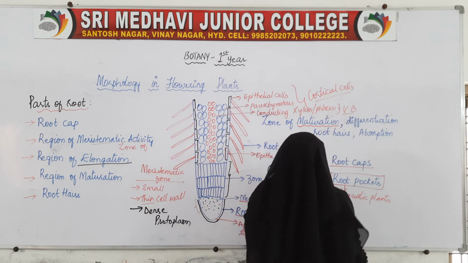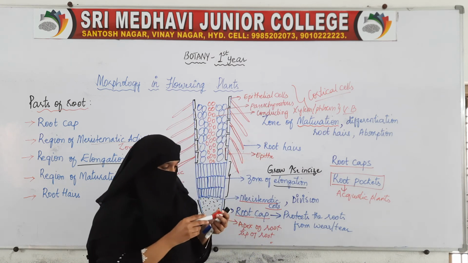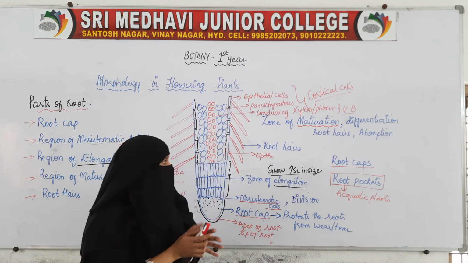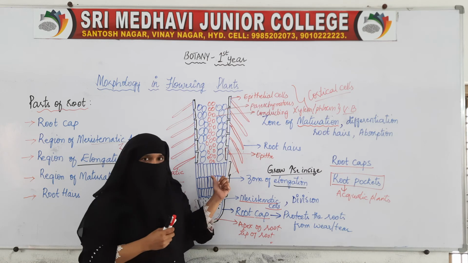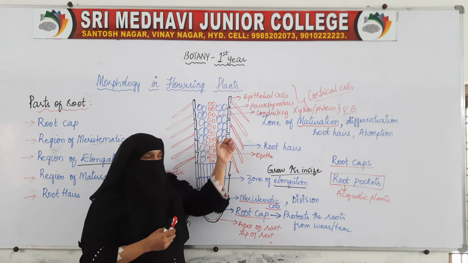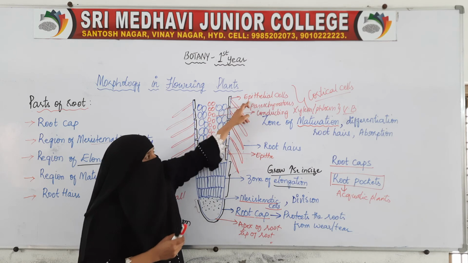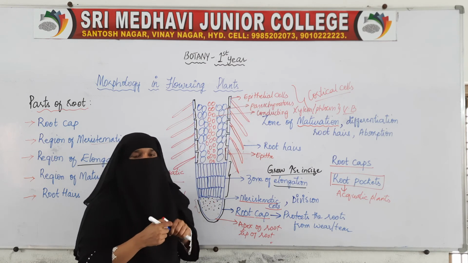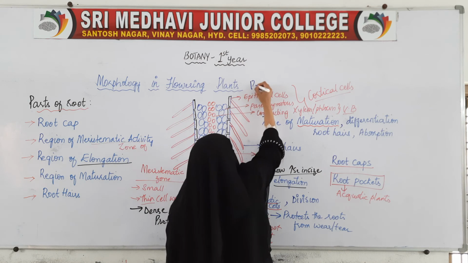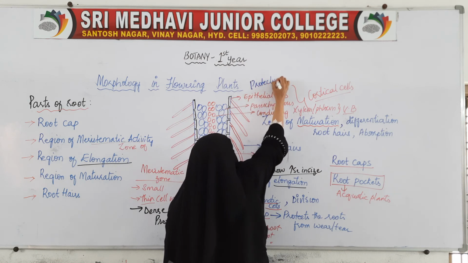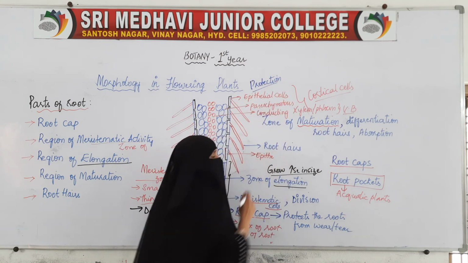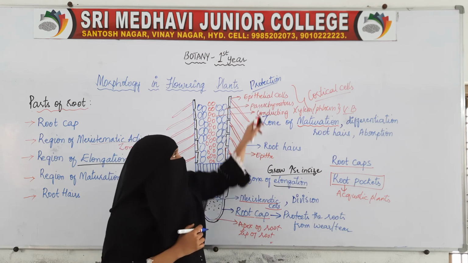They belong to the cortex region. Elongated, differentiated, they are performing functions. The function of the epithelial cell is to provide protection.